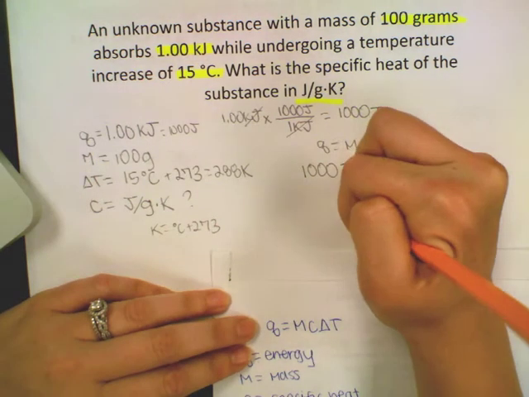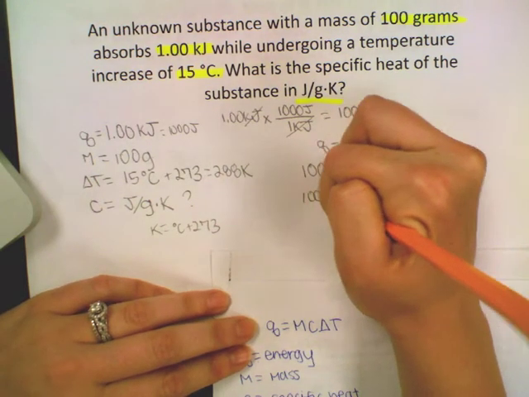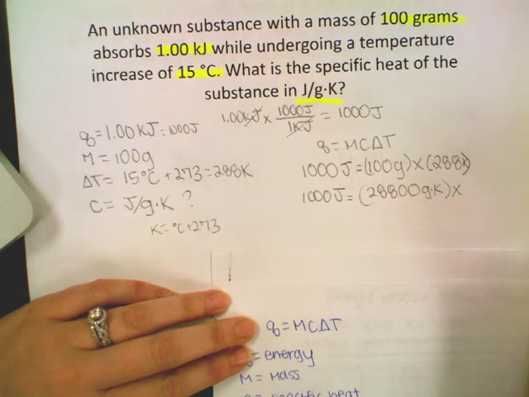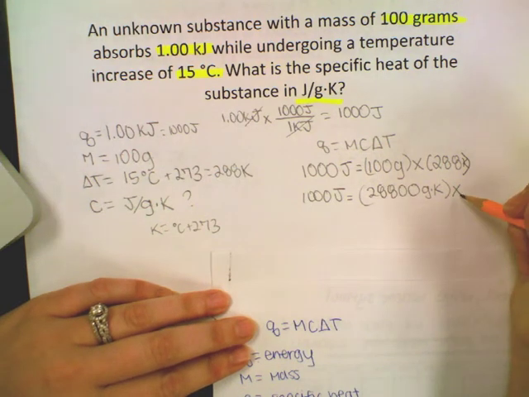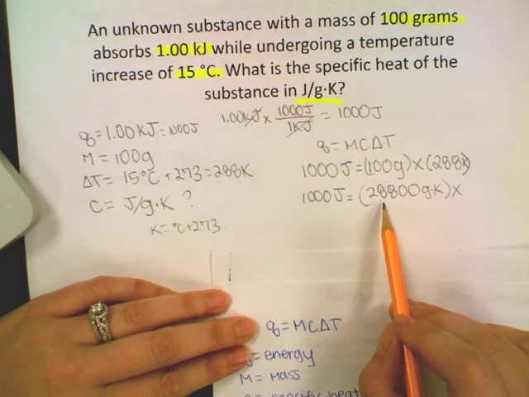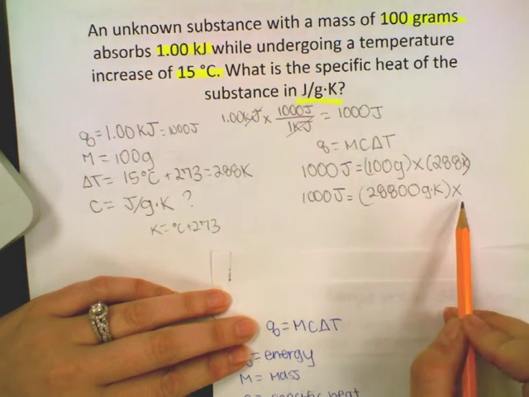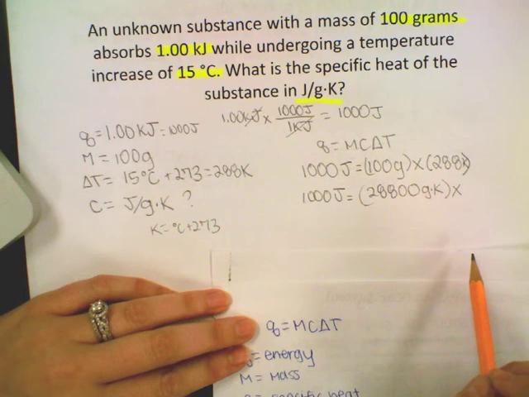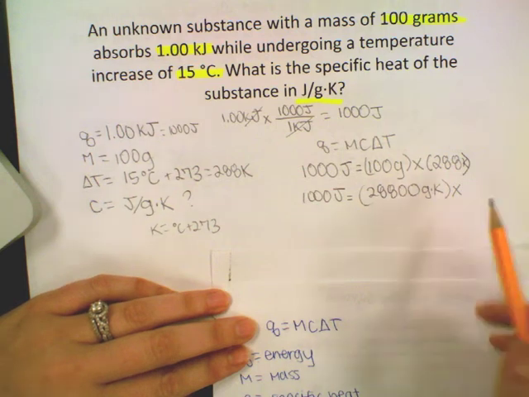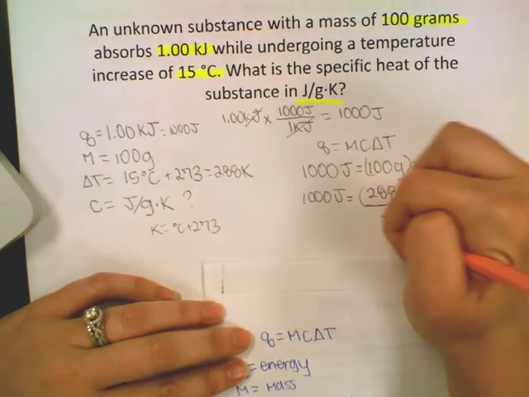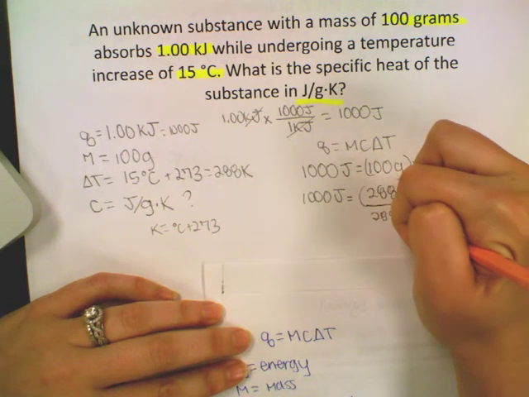All right, and then we have 1,000 joules over here. All right, we're trying to get x by itself. So since we've got 28,800 times x, we're going to go ahead and do the opposite to get rid of it. So if this is multiplication, I'm going to divide both sides by 28800.